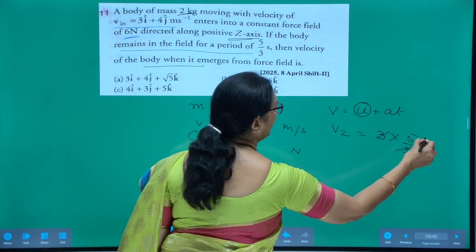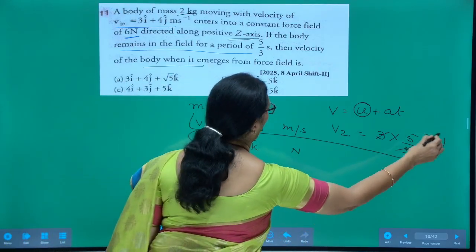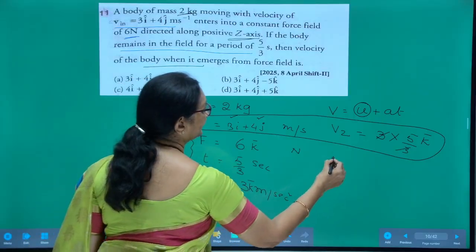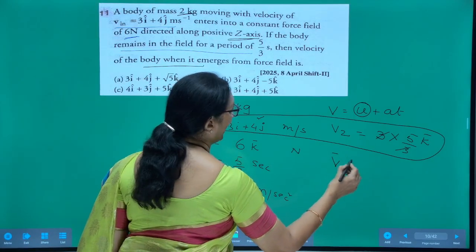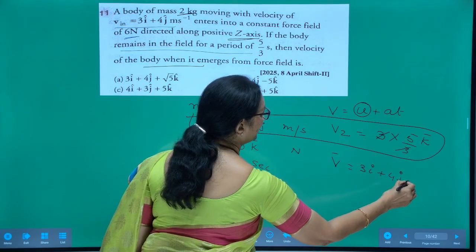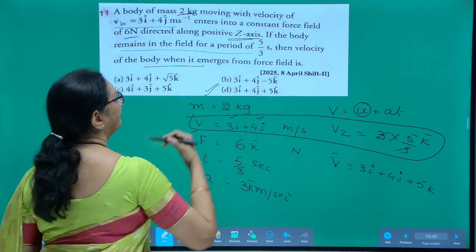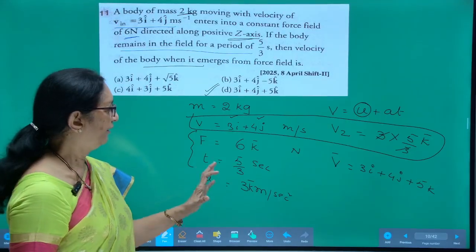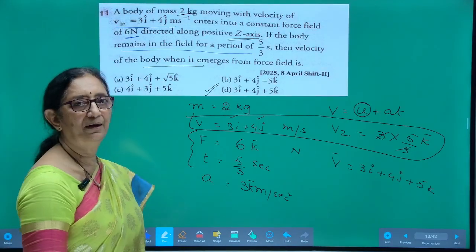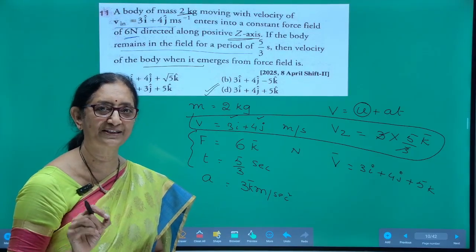So, it is 5 k bar. So, the net velocity at the end is v bar is equal to 3i plus 4j plus 5k. That is the final velocity of the body when it is moving in the constant force field.